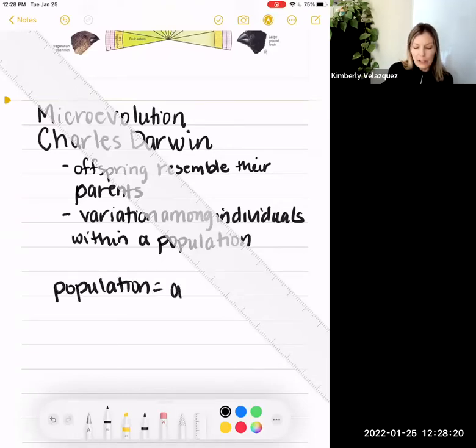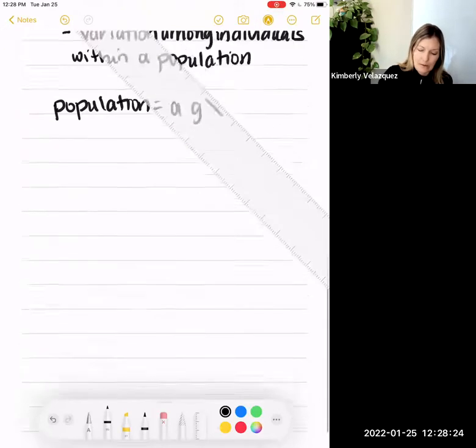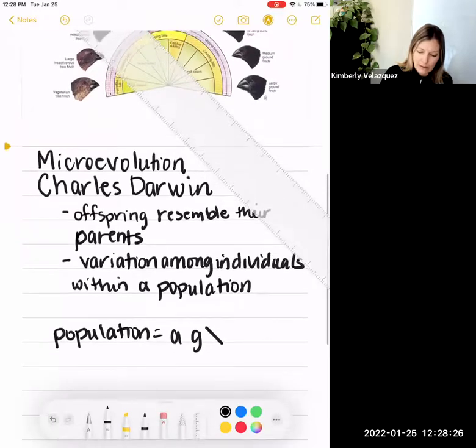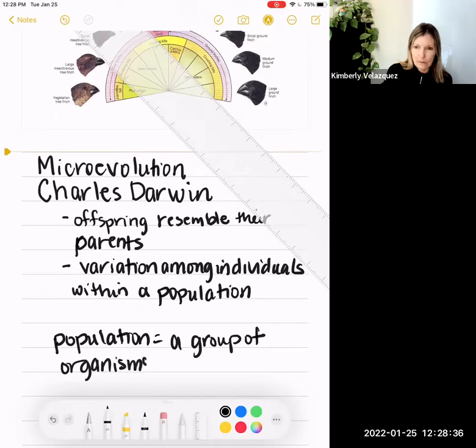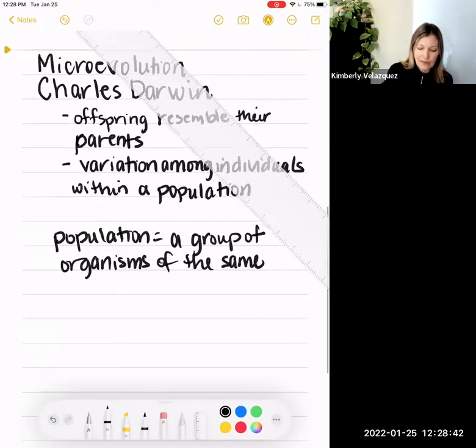Population is a group of organisms of the same species living in the same place at the same time.